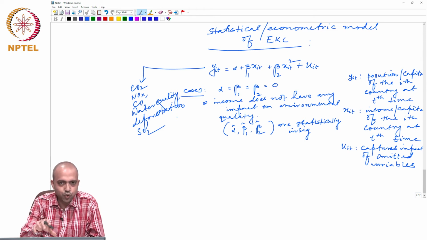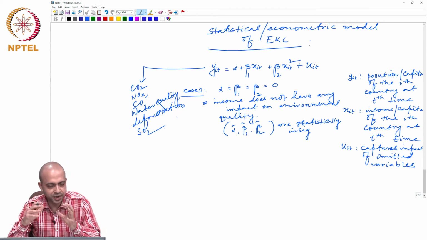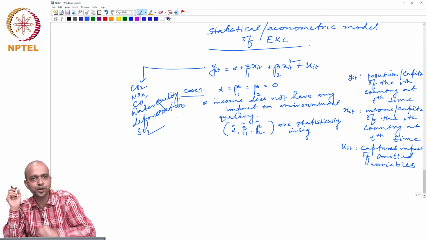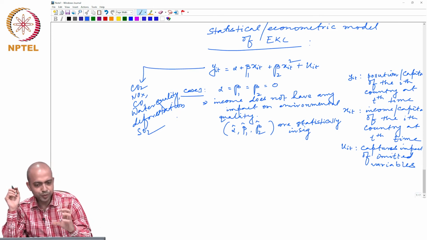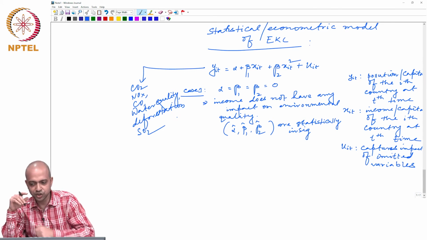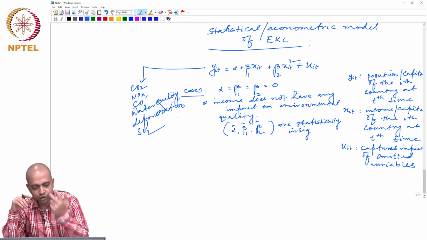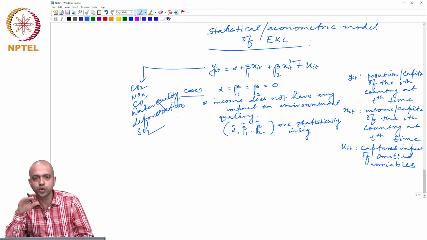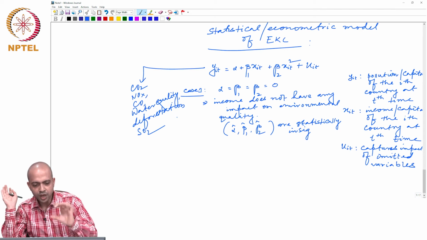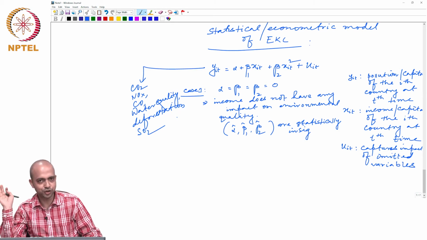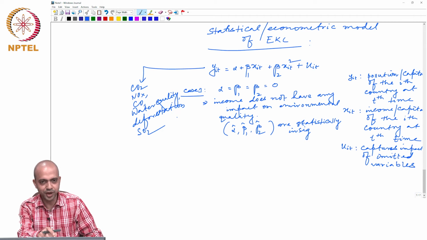So, environmental quality, basically Y_it, though we measured pollution per capita, is a generalized concept that denotes environmental quality. And environmental quality is measured by either emission per capita or water quality or deforestation or access to safe drinking water, and so on and so forth. So, case 1, if this is the case, then we can say that income does not have any impact on emission.